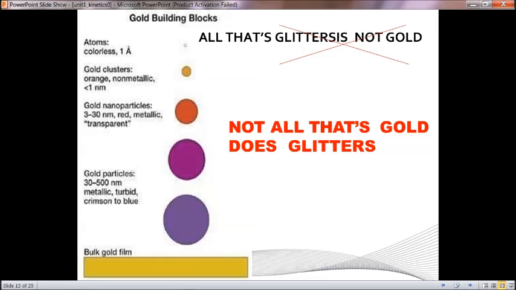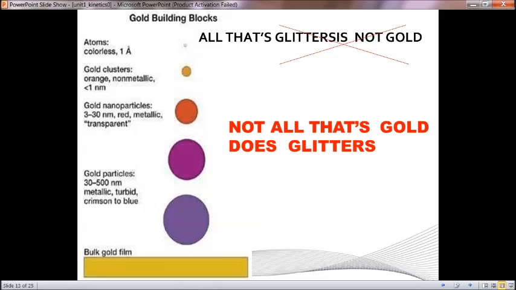See, with a gold building block, an atom having 1 Angstrom diameter is colorless, ignites white color. This is a gold particle, a tiny gold particle. Bulk gold is gold in color, and when this bulk particle is broken down to 30 to 500 nanometer metallic, it becomes turbid and crimson to blue color.